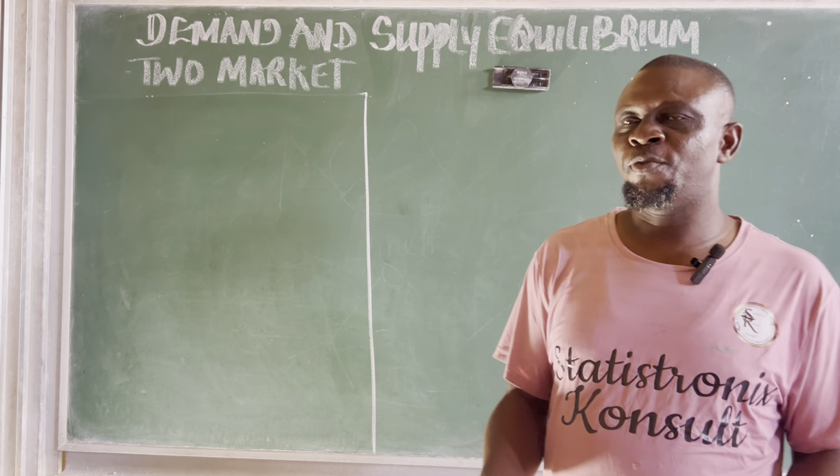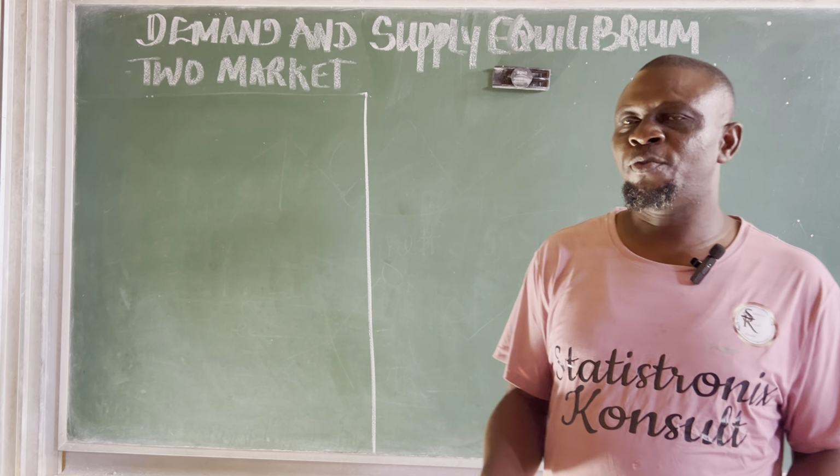And then this is QS, quantity supply in that first market, equal to 31 plus 15 price of beef. Now in the second market, we are given that QD is equal to 88 plus 2 price of beef minus 10 price of pork, while our quantity supply is equal to minus 50 plus 13 price of pork.